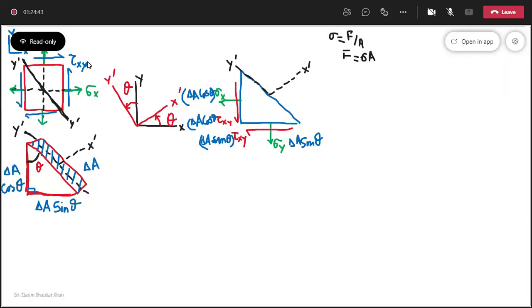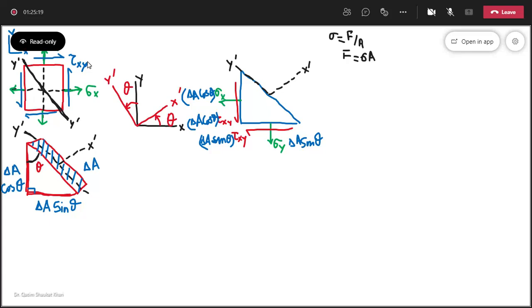So now we have converted these stresses into forces with respect to this oriented x dash axis and y dash axis, which are oriented at an angle theta with respect to our regular x and y axes. Now we have these four forces: delta A cos theta into sigma x, delta A cos theta into tau xy, delta A sin theta into tau xy, delta A sin theta into sigma y.